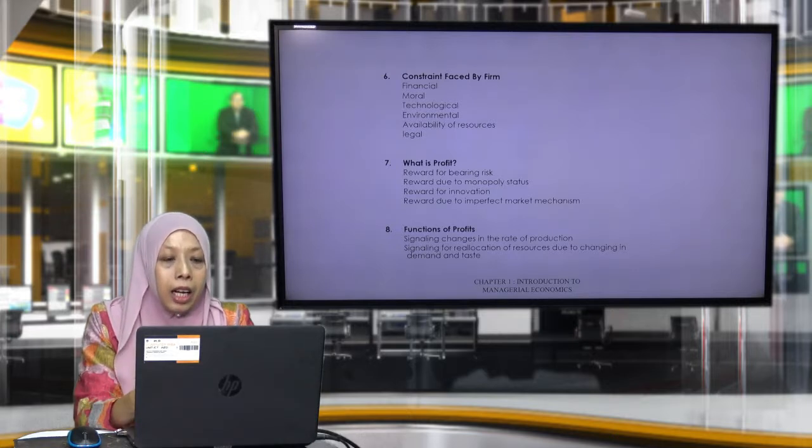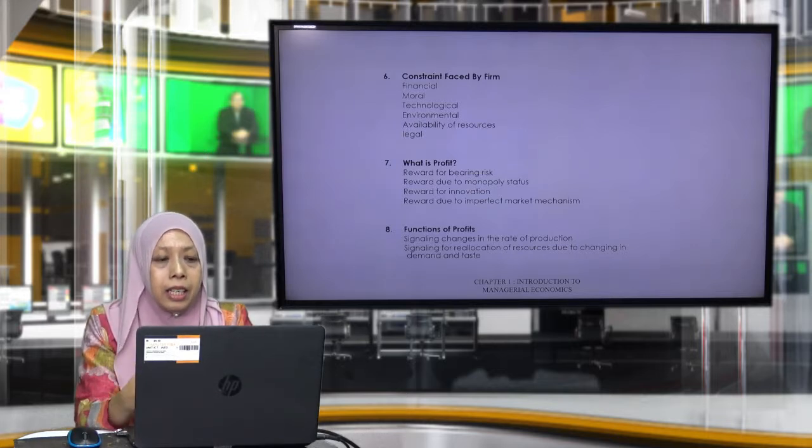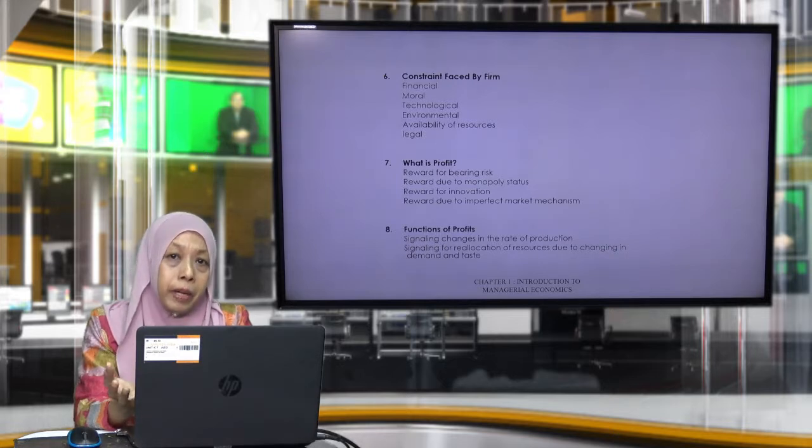Now, the next thing that we're going to look at would be profit. As you all know, the main objective of a firm is to maximize profit. But what is profit? There are several theories that try to describe profit. One is that profit is the reward for bearing risk.